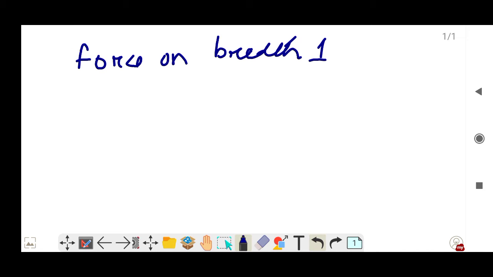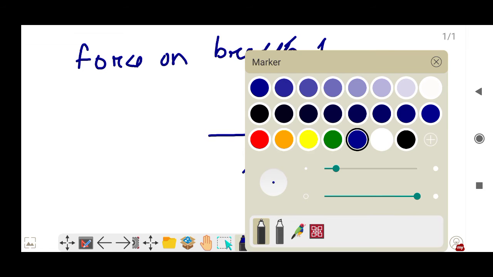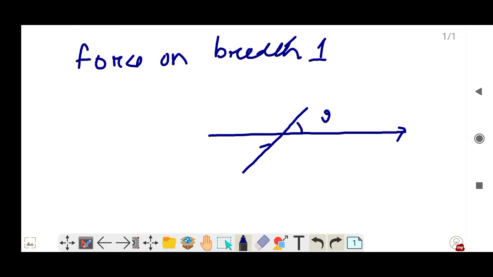There are two breadths. I'm having this breadth over here, and this is the magnetic field, and this was angle theta. If current was going in this way, and this is angle theta, this is the magnetic field.